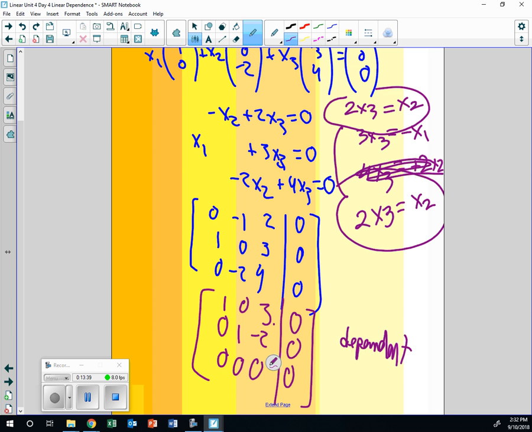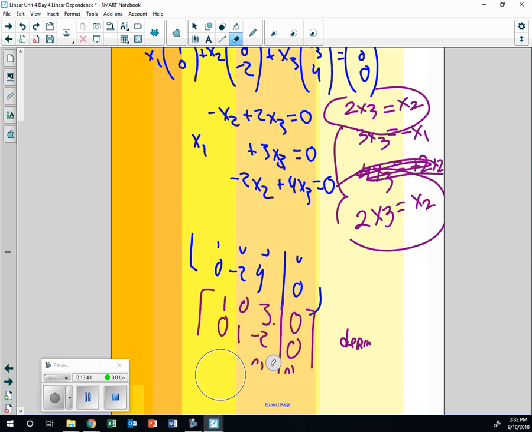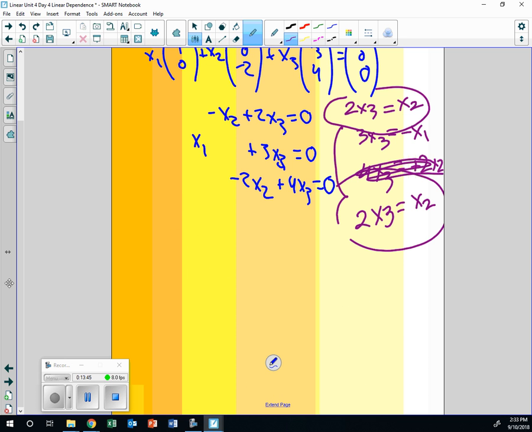Yeah, so let's do this right. So I'm going to go back here. I'm going to let x3 be equal to t. What's x2 going to be if x3 is equal to t? x2 is 2t. And what's x1? x1 is going to be negative 3t, right?